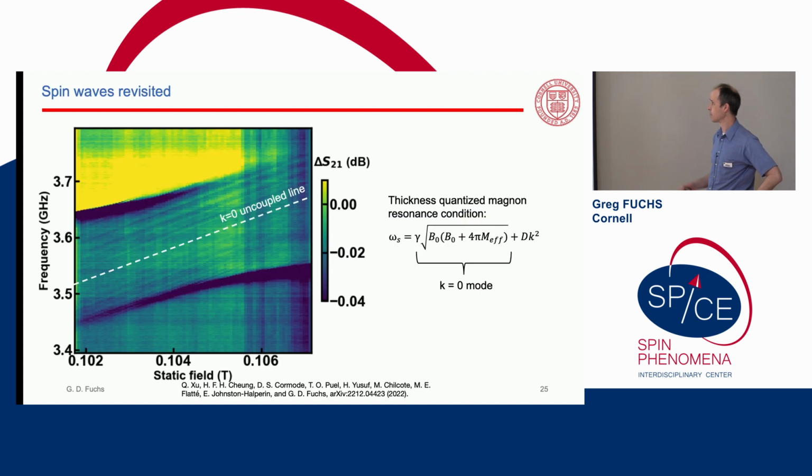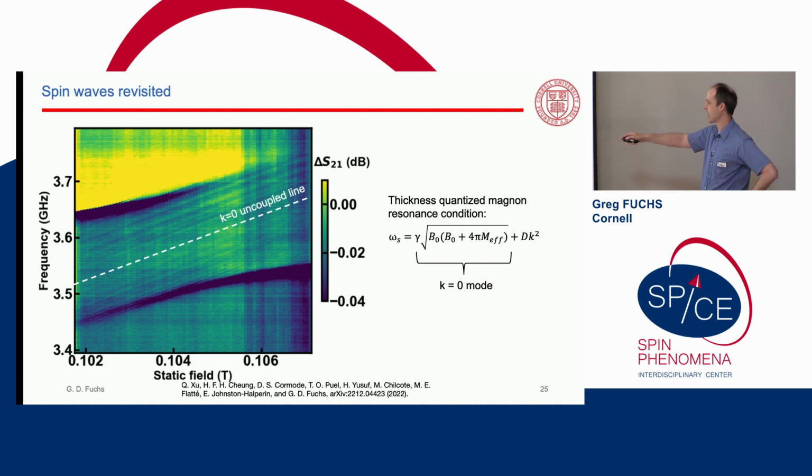Okay, let's go back to these spin waves, because I think there are some really interesting lessons that we can learn from this information. So first, what I'm showing you here is, again, the same fine plot, and I've put a dashed line on it, which is how the uniform mode would be dispersing if it were uncoupled to the resonator. So this is, call it, the k equals 0 uncoupled line.